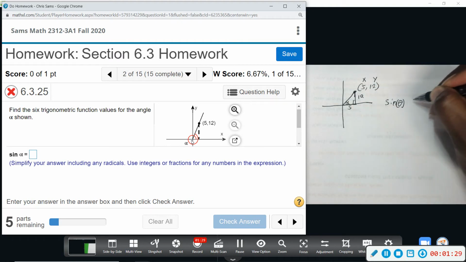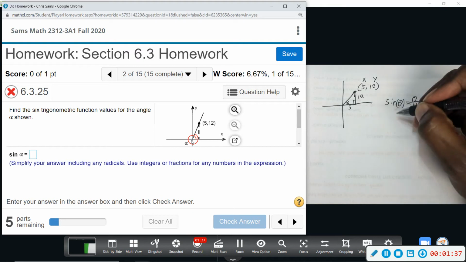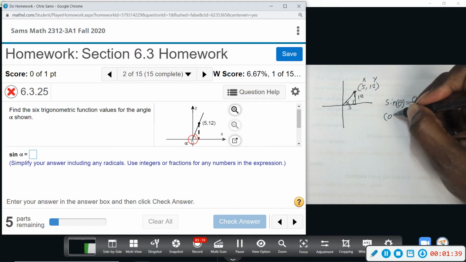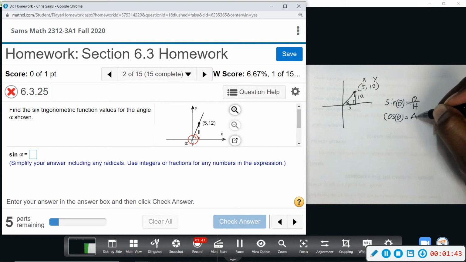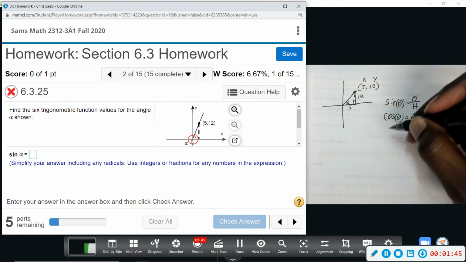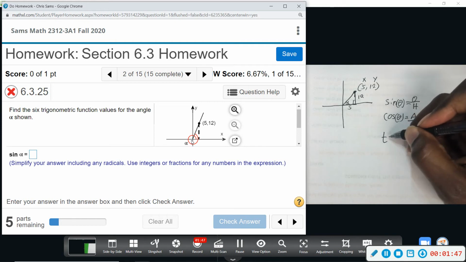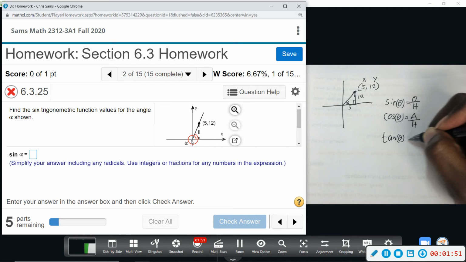Sine is opposite over hypotenuse, which I'll abbreviate with O and H. Cosine is adjacent over hypotenuse. And tangent is opposite over adjacent.